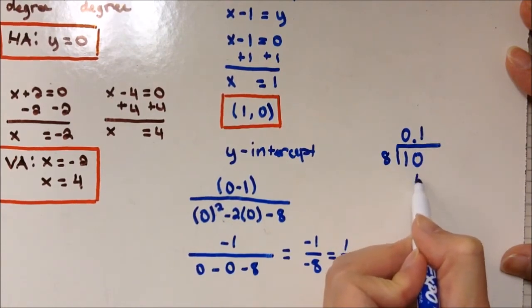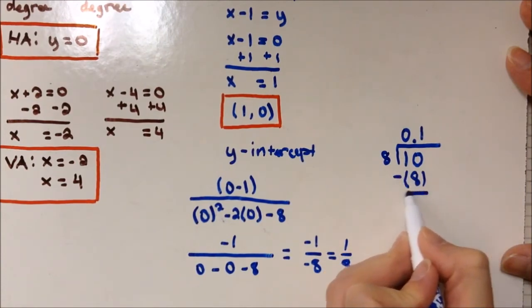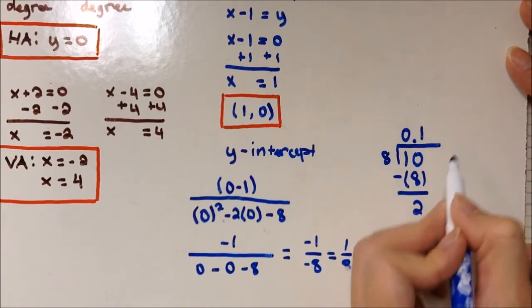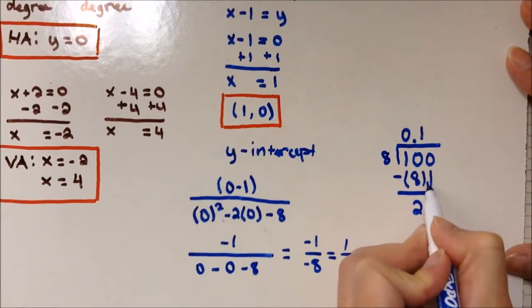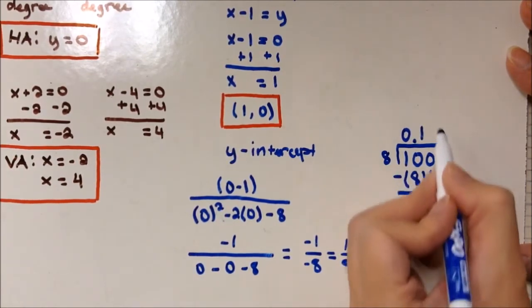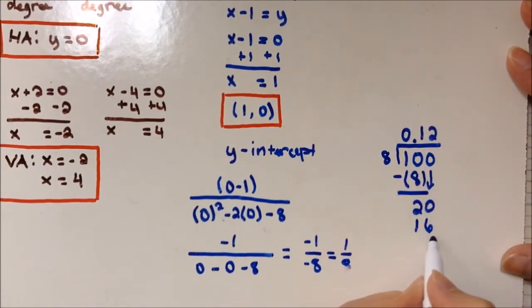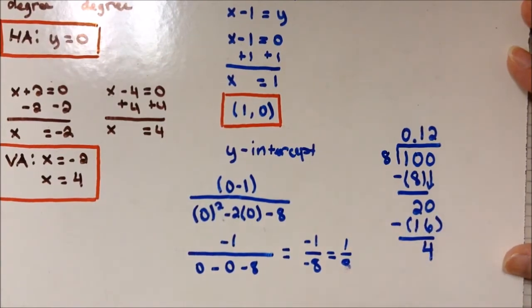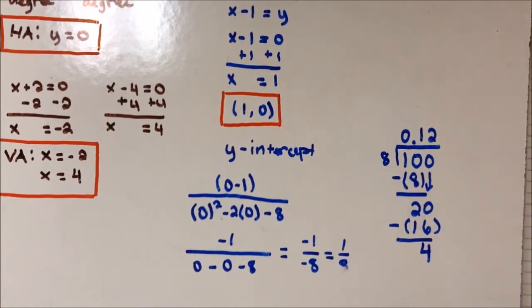Now I'm left with 10 minus 8, 2. So if I add another 0, that's 20. And then 8 goes into 20 2 times, which is 16. Remainder of 4. Now, I'm going to stop here because I don't need to go any further.